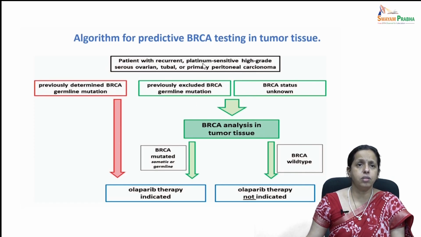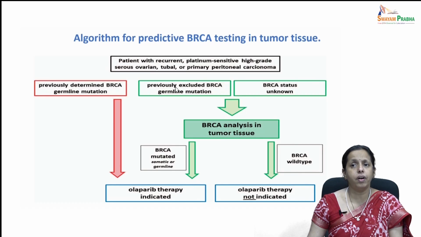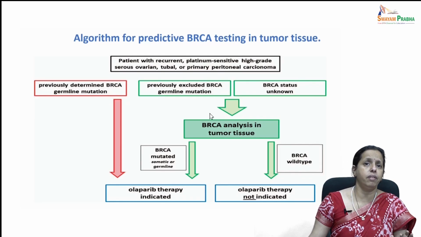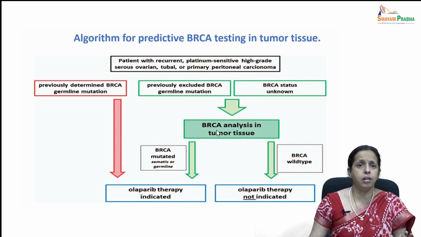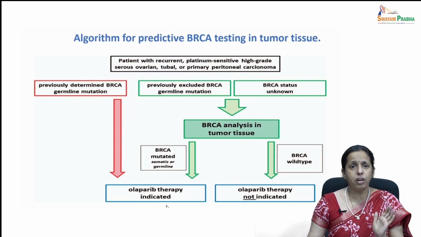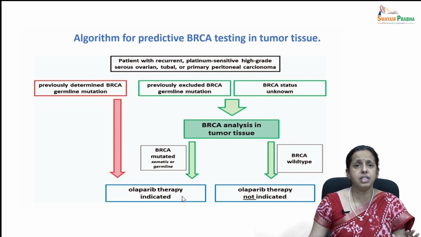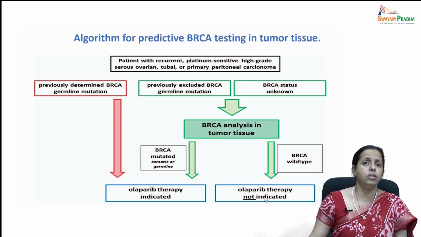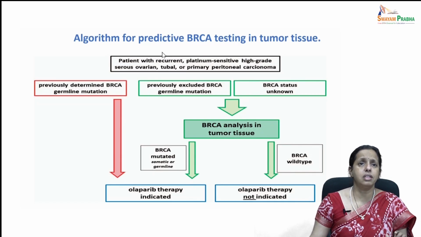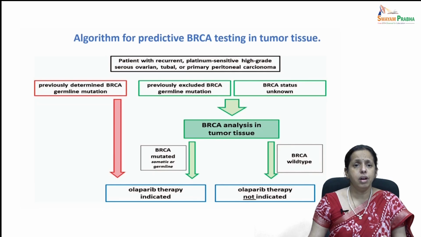Whereas for patients who have unknown BRCA status or who have tested negative for BRCA germline mutation, if they have BRCA mutations, they are eligible for therapy. Patients who have previously tested positive for germline BRCA mutations are eligible for therapy and do not need further testing. So this is an algorithm for predictive BRCA.